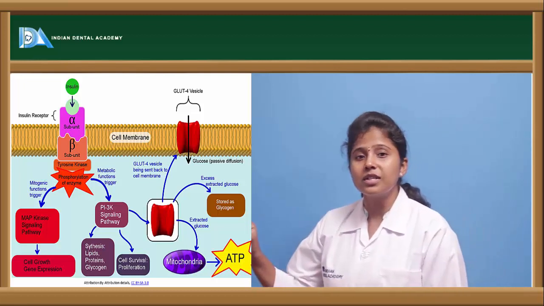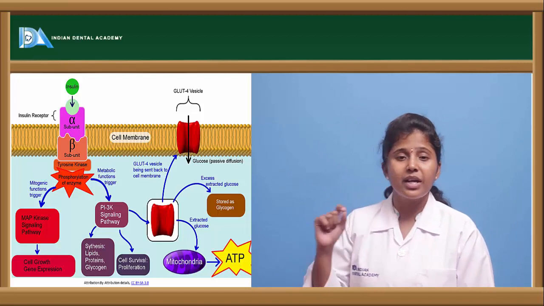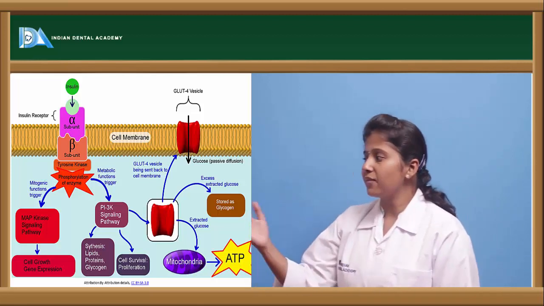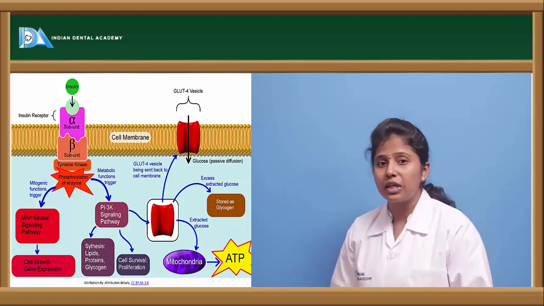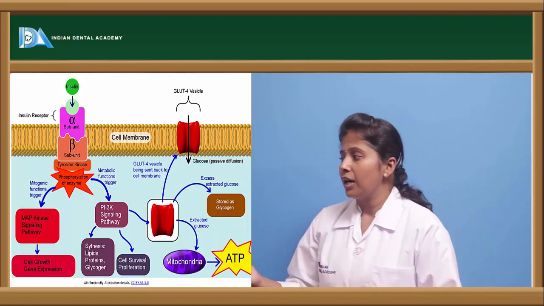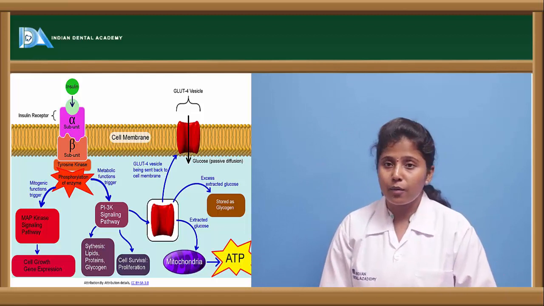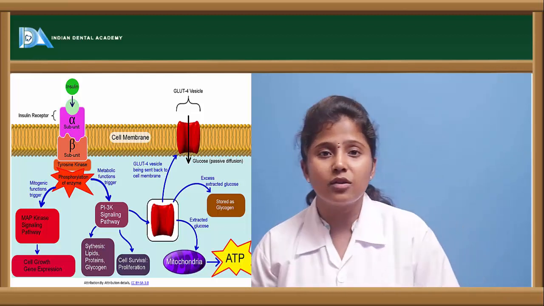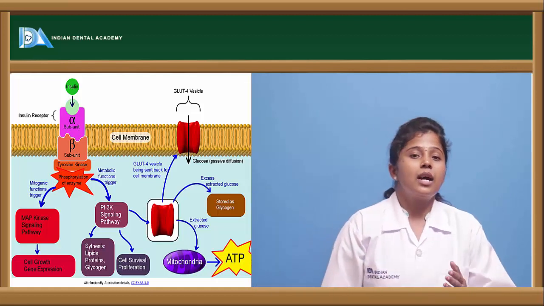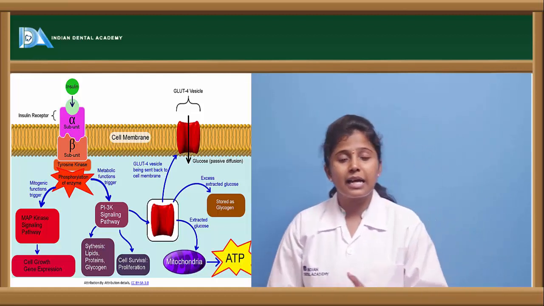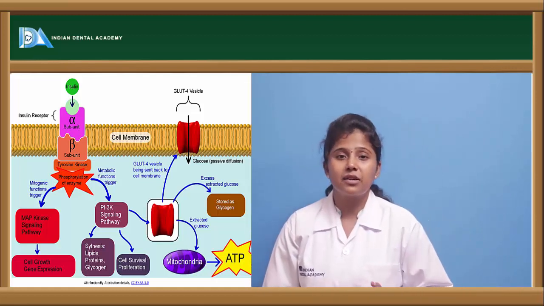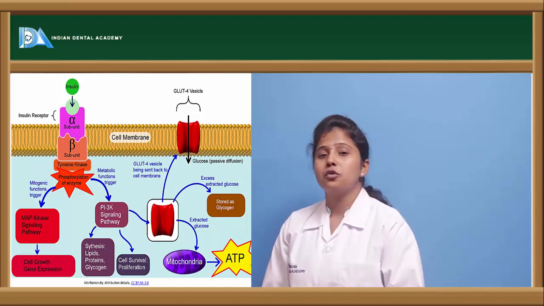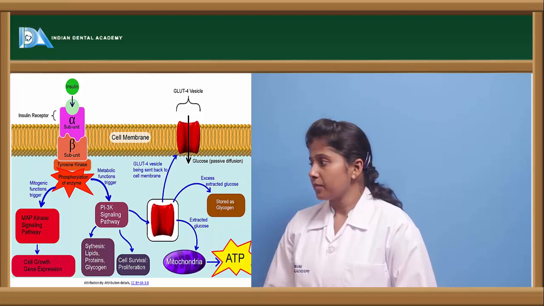So the glucose is entering into the plasma membrane through the GLUT4 transporter, and the excessive glucose is converted to glycogen and stored in the form of glycogen. And if there is any necessity of glucose, this glycogen is lysed, or else glycolysis takes place, and thereby the glucose is utilized by the mitochondria to produce energy.